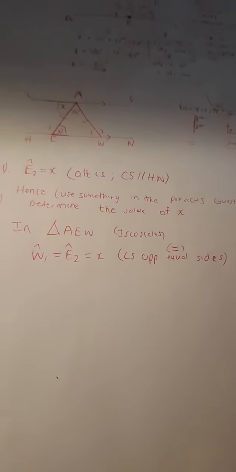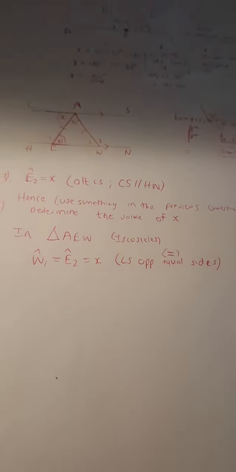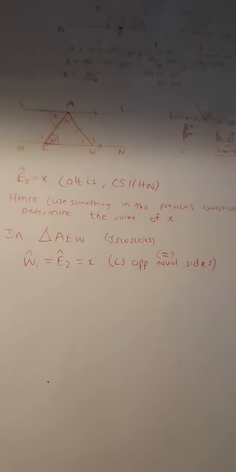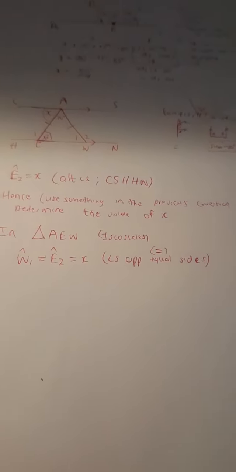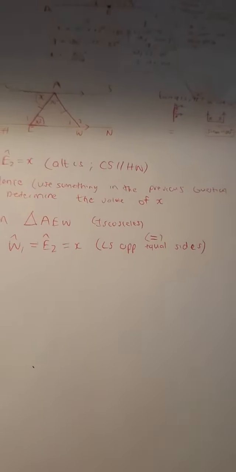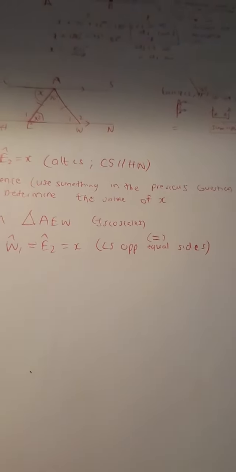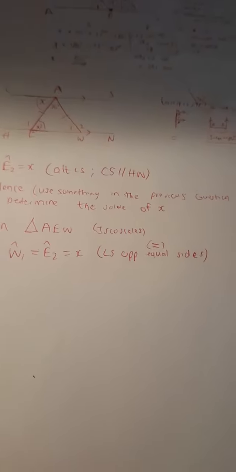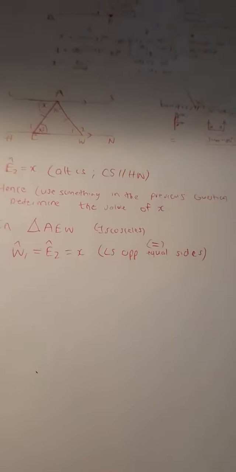Okay. Are we together? In the comment section, let me know if you are understanding. So we don't use the reason that says base angles of an isosceles triangle. That reason is outdated. We don't use it. We don't say isosceles triangle as a reason because it won't help us.